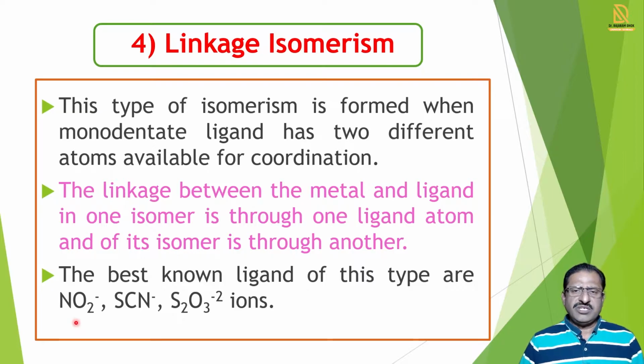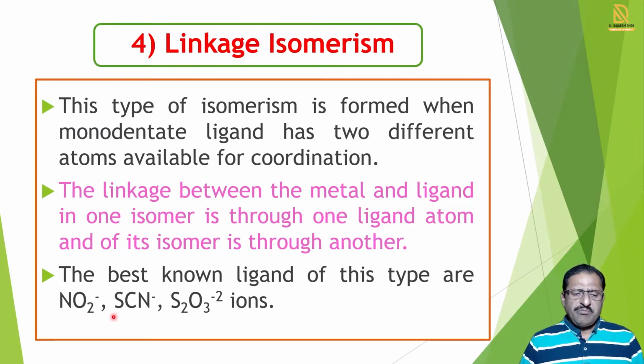In some other cases, oxygen is the donor, and at that time we write ONO minus. So NO2 and the other ligand, ONO minus, are isomers of each other, and when such ligands are present in different complexes, that is called linkage isomerism.